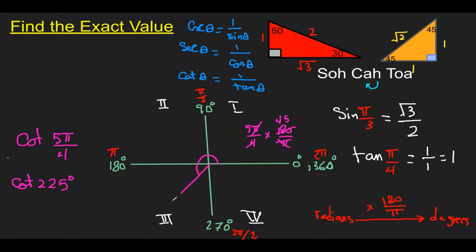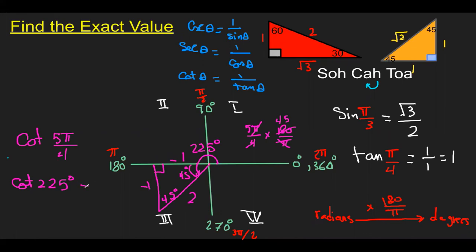We draw our triangle from 0 all the way to here, 225 degrees. My reference angle here would be 45 because 225 minus 180 is 45. So this is 45 as well. So this will be -1, and this will be -1, and this will be √2.